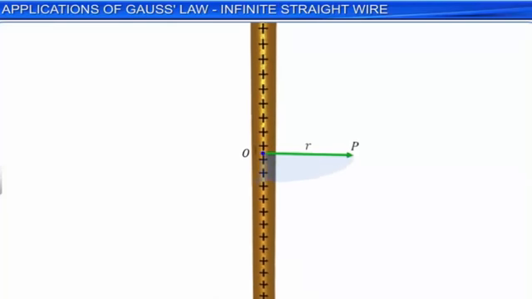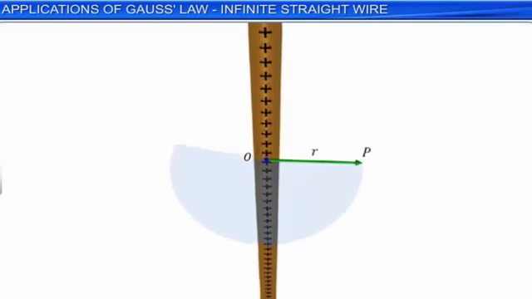Consider a point O on the wire. Consider a radial vector from O to a point P whose magnitude is r. This radial vector is normal to the length of the wire. If we rotate the radial vector about the point O, we get a circle.